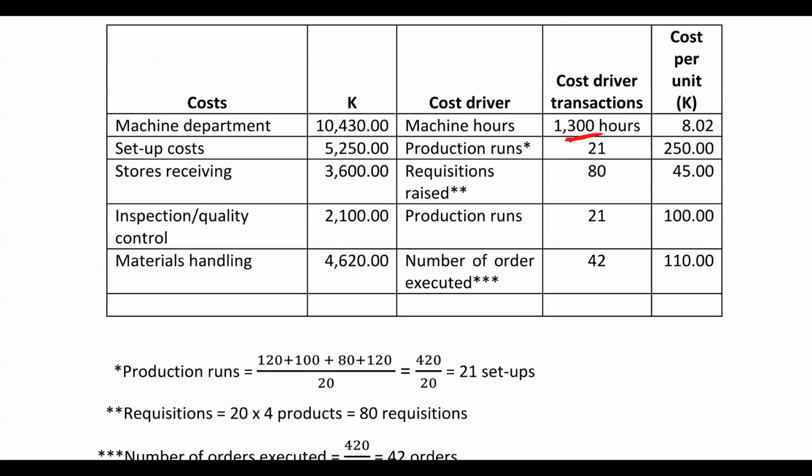Those machine hours are per unit, so we need to multiply the number of hours by the number of units, then multiply by the cost. You didn't get this one. Let me repeat. We are given, for example, product A.